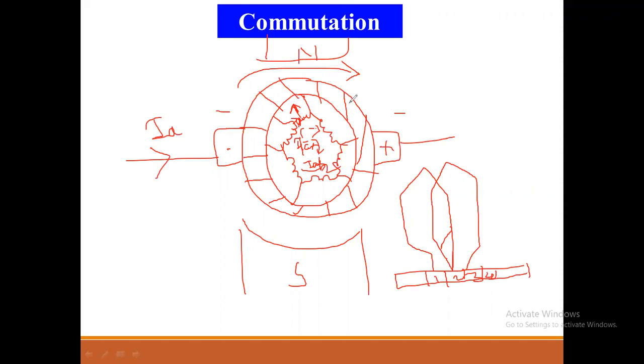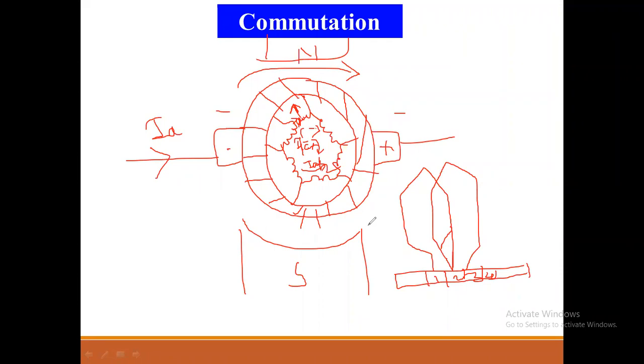When this coil rotates and comes under this S pole, ज्यावेळेस ही कॉइल S pole च्या अंडर मध्ये येईल, at that situation the direction of current flowing from that coil will be reversed. ओके, त्यावेळेस त्या कॉइल मधून फ्लो होणाऱ्या करंटची डिरेक्शन काय होईल, चेंज होईल. ओके, वाय इट विल बी चेंज, कारण ब्रश मधून फ्लो होणाऱ्या करंटची डिरेक्शन सेम आहे, ती निगेटिव्ह टू पॉझिटिव्ह व्हायला पाहिजे. दॅट मीन्स टुवर्ड्स द पॉझिटिव्ह or it may be away from the negative.